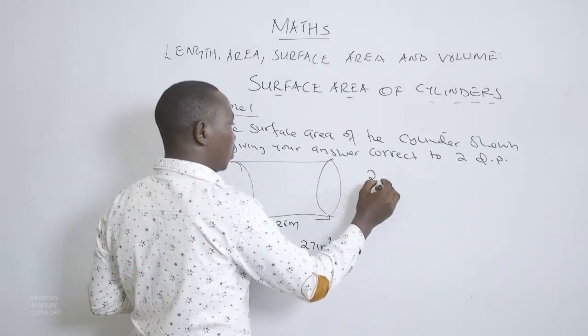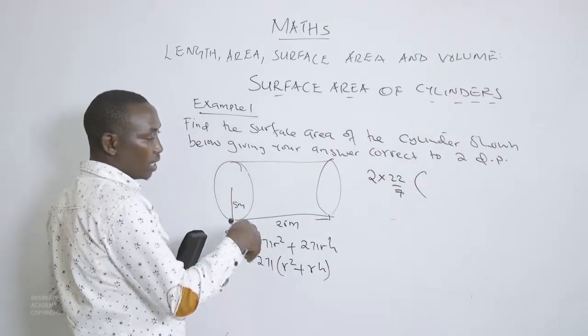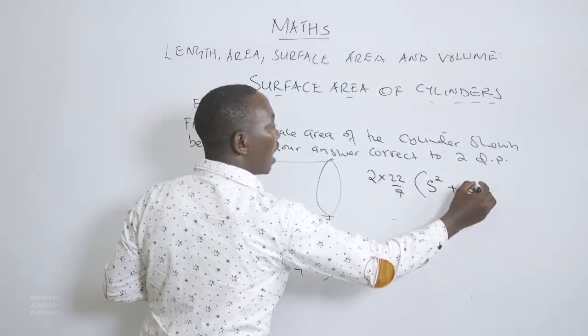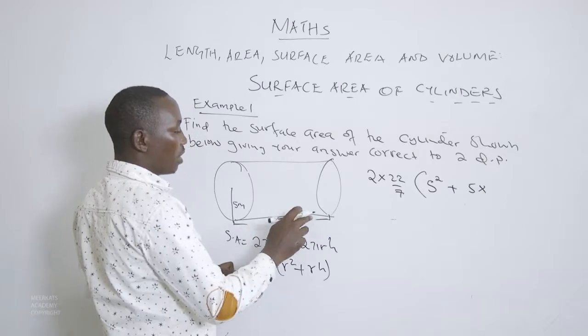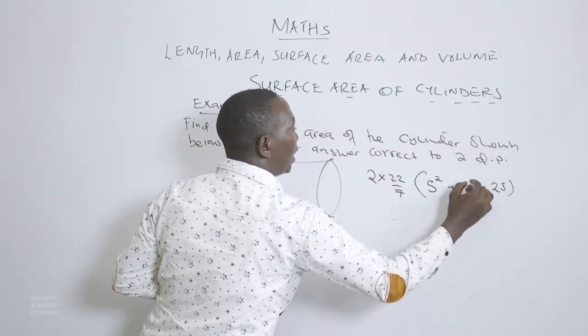That will be 2 multiplied by 22/7 into the radius of this particular cylinder, which is 5. So that is 5 squared plus 5 multiplied by the height. In this case, it's 25 meters.